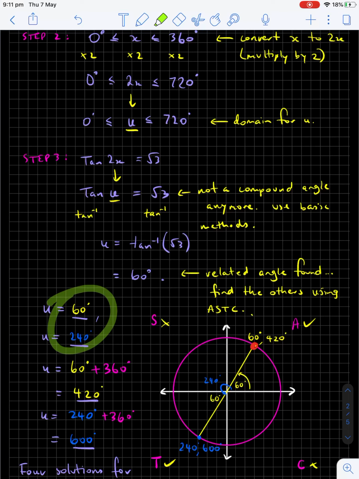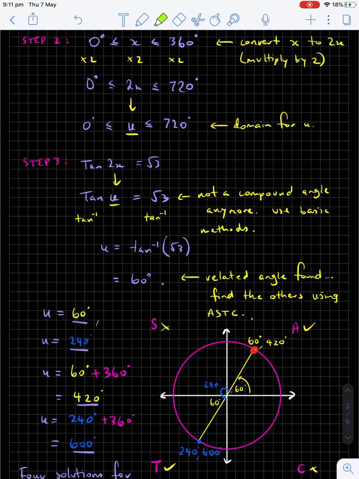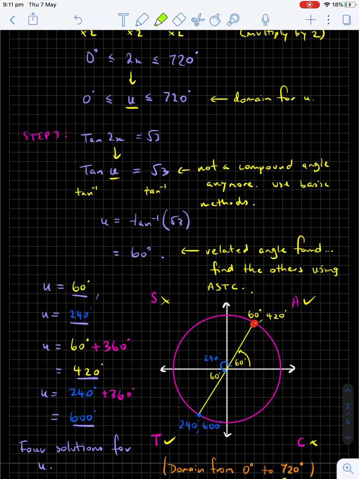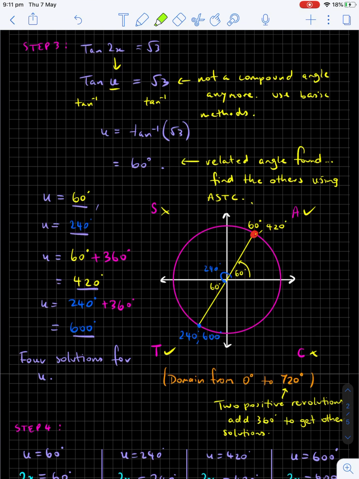Okay, we've got 60 and 240 from this dot and this dot, but notice how our domain wants to go all the way up to 720. That means that 720 is literally 2 positive revolutions of a circle. That's 360, and 720 is going around again. So if these are the dots that work, we've got to think, what is the angle if we add on another 360 degrees?